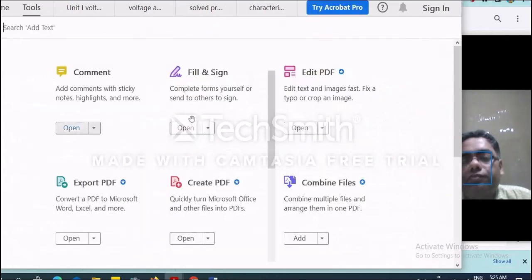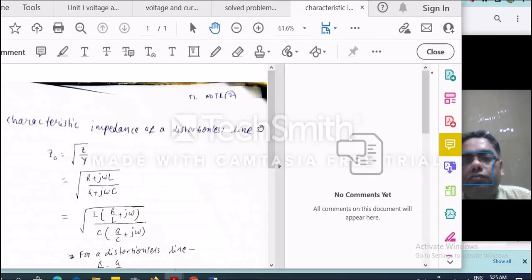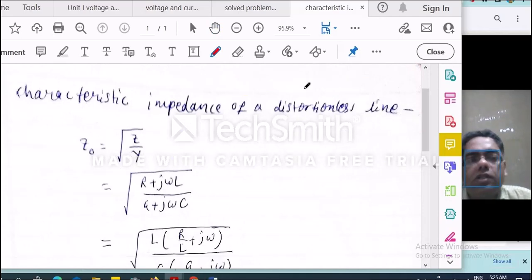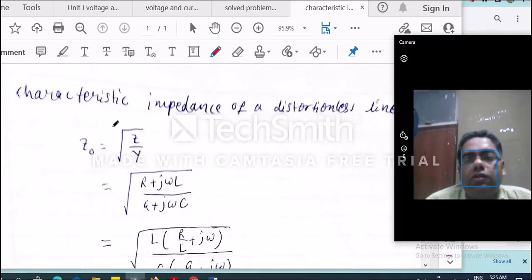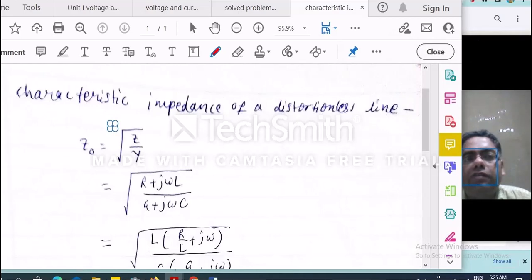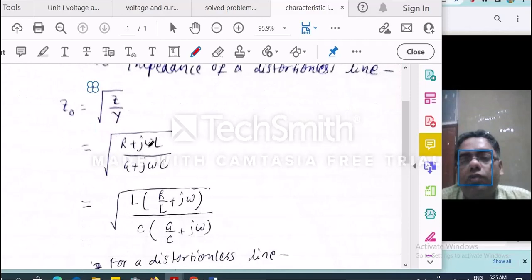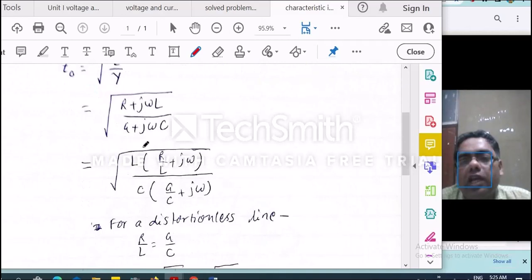We know that the characteristic impedance can be written as root over Z by Y, where Z is R plus j omega L and Y is G plus j omega C. If we take L common, it becomes R by L plus j omega, and in the denominator we take C common, so it becomes G by C plus j omega.